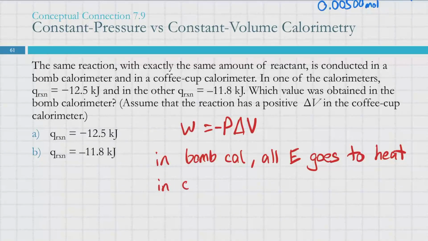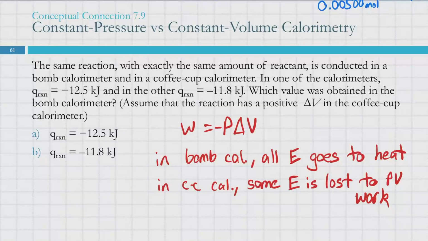In coffee cup calorimetry, some energy is lost to work. Pressure volume work.